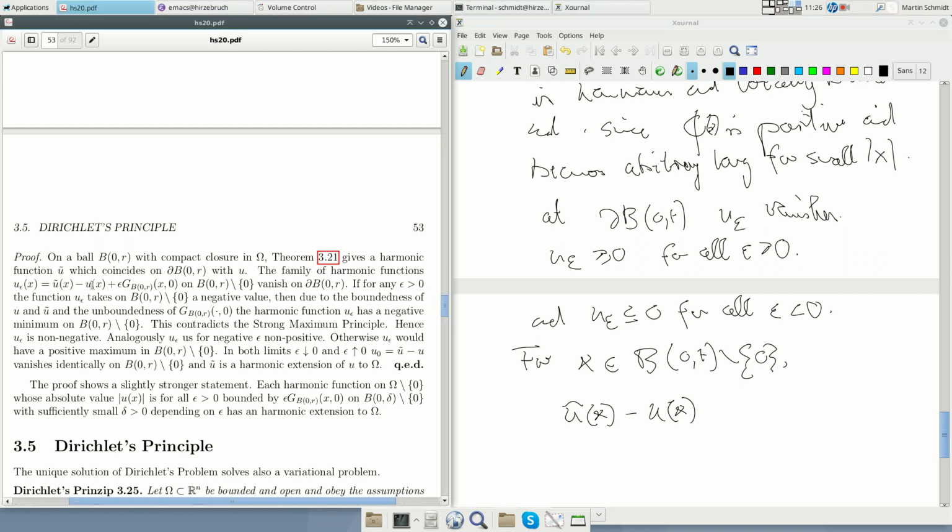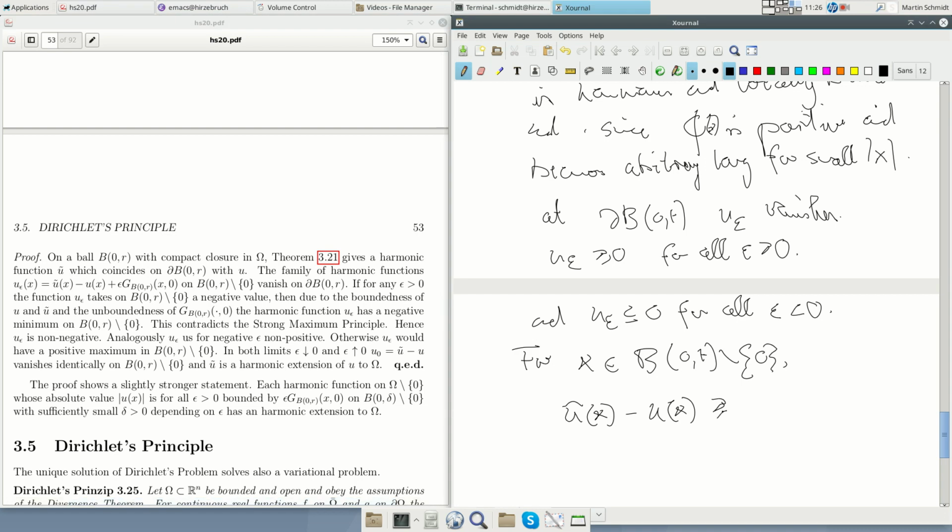Then it's larger or equal to epsilon minus epsilon of G. Okay, this is negative, but at this point it's bounded. So in the limit epsilon goes to 0, then we obtain minus u of x is larger or equal to 0.